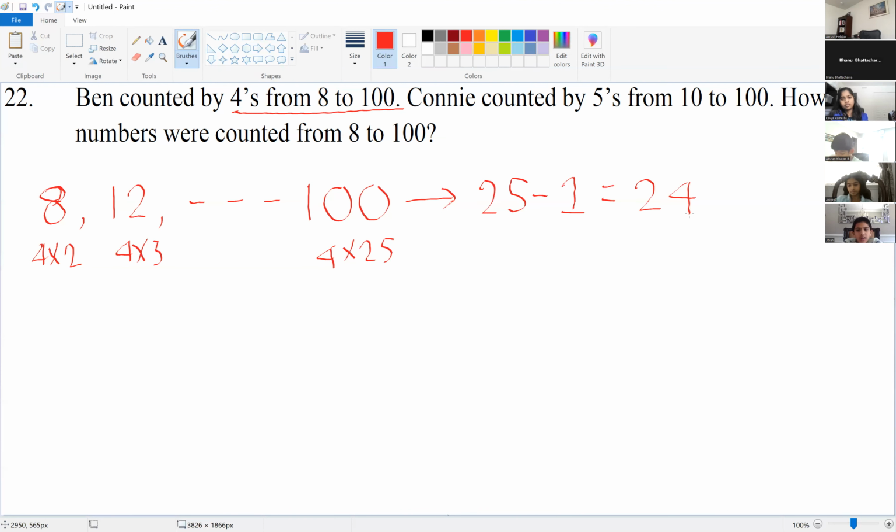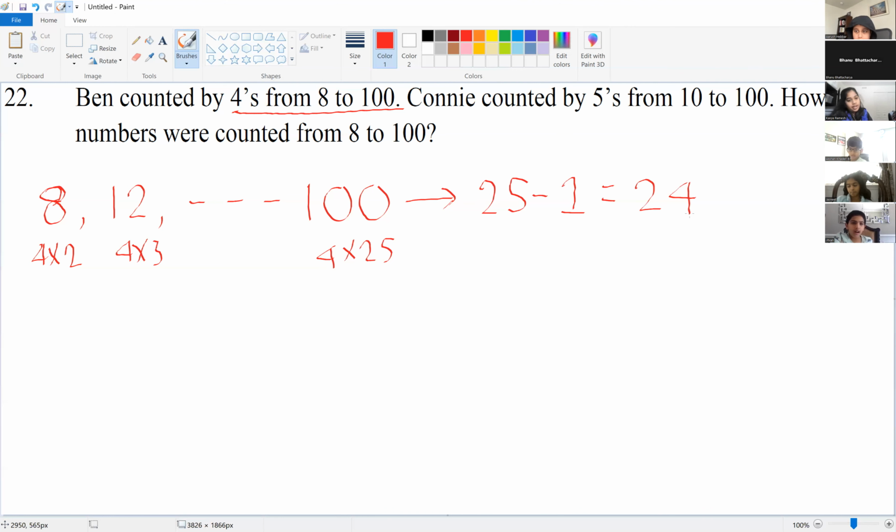Well, if you subtract 2, you're taking away 8, isn't it? Oh yeah. So I should get 24. So you should subtract only one number. Only one multiple of 4 he did not count, which is 4, isn't it? Yeah. So that means how many multiples he counted? It's 24, isn't it? Yeah.